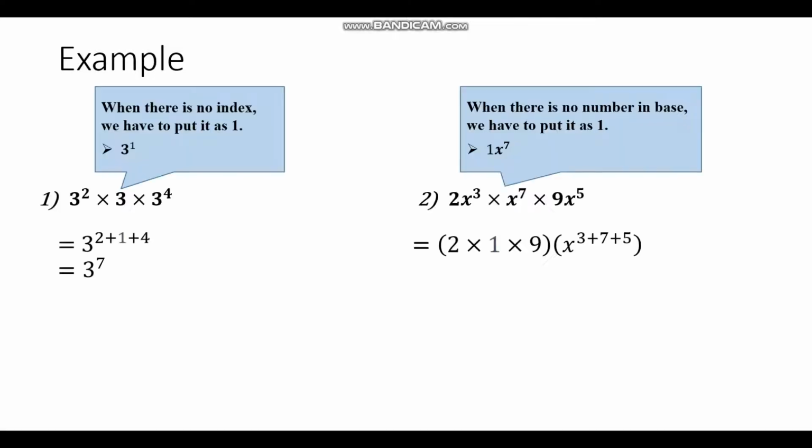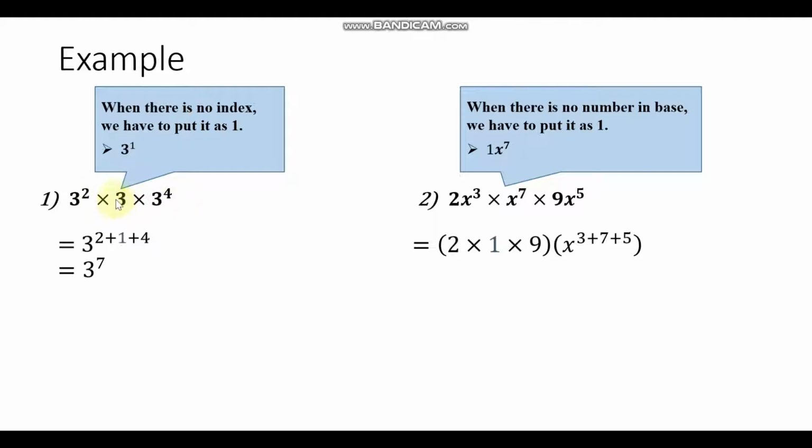Next, I will explain the examples for the multiplication of numbers in index form with the same base. The first example is 3 to the power of 2 times 3 times 3 to the power of 4.